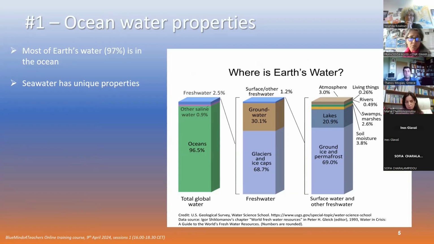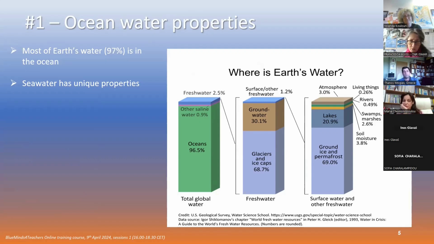But the most important thing is to learn and to remember that 97% of the water on Earth is in the ocean. So the part that we use and that is useful for life is a very small percentage.